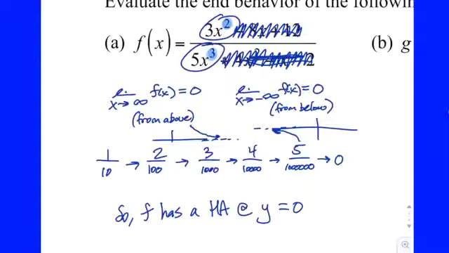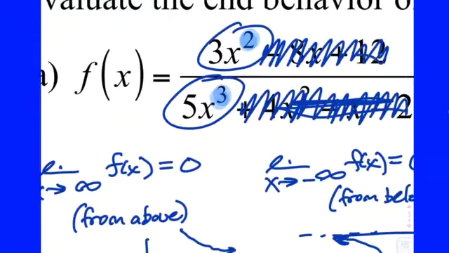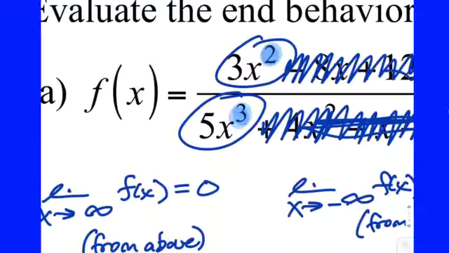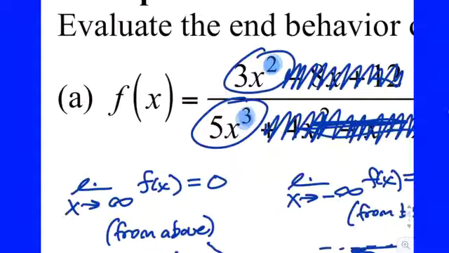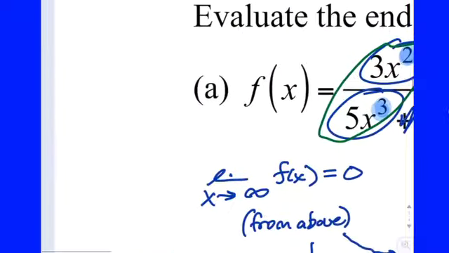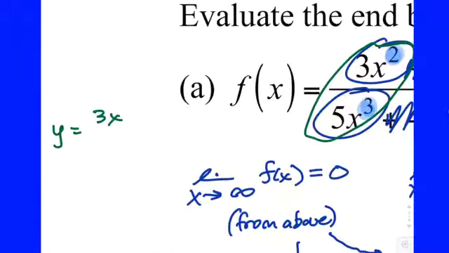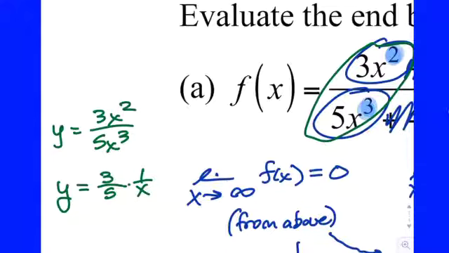In fact, speaking of the function 1 over x, here's another way you can get the end behavior model. If you look at it locally, you'll see all kinds of cool stuff. To get the end behavior model of a ratio, all you do is just look at the quotient of the leading terms. So if you were to come off to the side and simplify 3x squared over 5x cubed, you would simplify it down to 3/5 times 1 over x, or something like that, right?